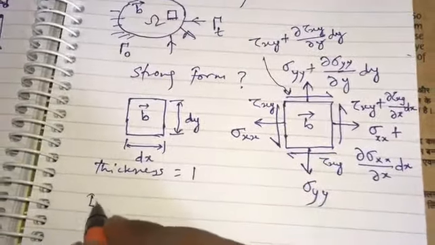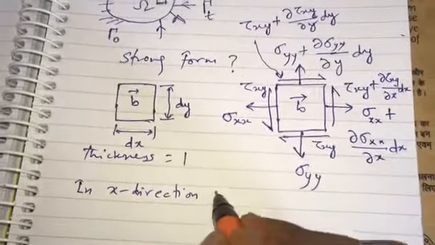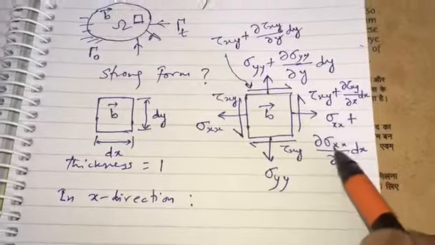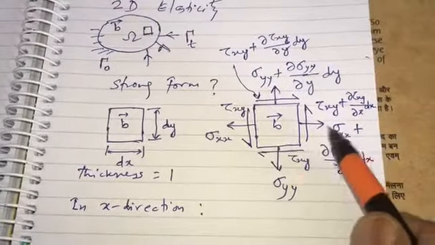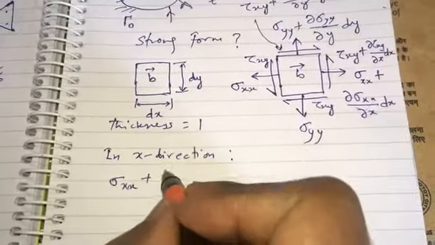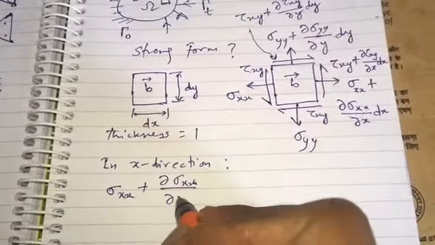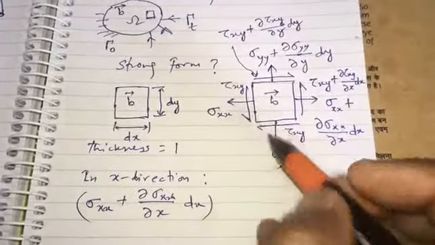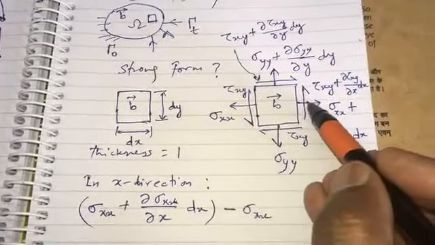So in x direction first, there will be sigma x, this direction minus this one, so we have sigma xx plus del sigma xx over del x dx, this minus this one, so minus sigma xx, so this becomes 1.